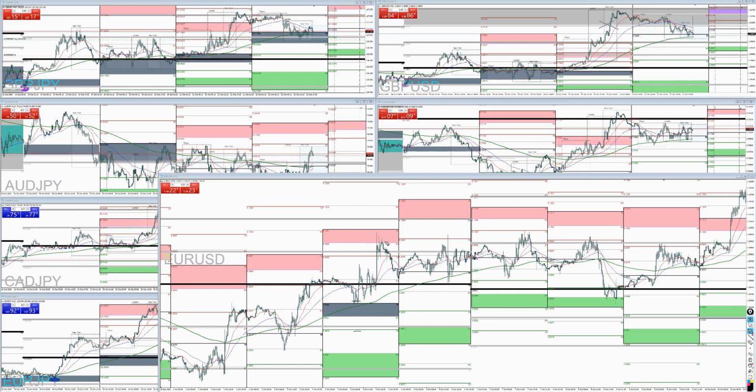Once we reach this zone in here, it did not reach my target, but it came very, very close. I would have had my target right up here. So one thing I'm looking at doing is either placing my stop loss just below, versus putting it at break even.